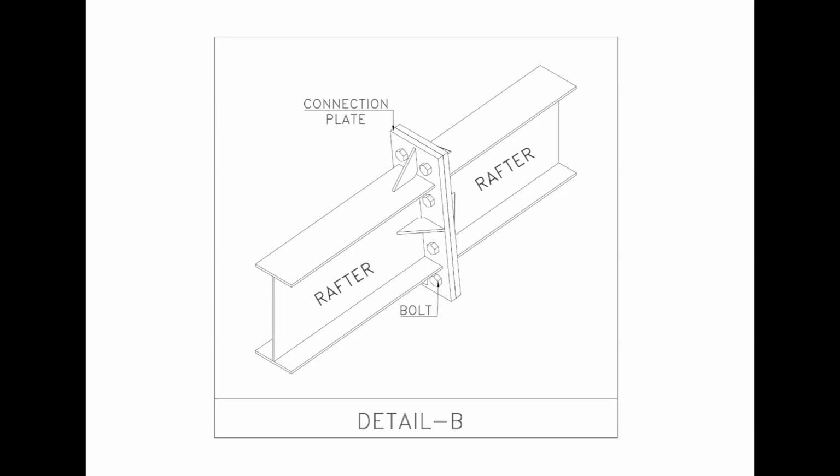This is detail B, showing a rafter-to-rafter connection. Two rafter segments are joined together using a connection plate and bolts. Additional stiffening plates are provided around the connection region. This type of bolted connection allows large structural members to be fabricated in manageable segments and assembled during erection.